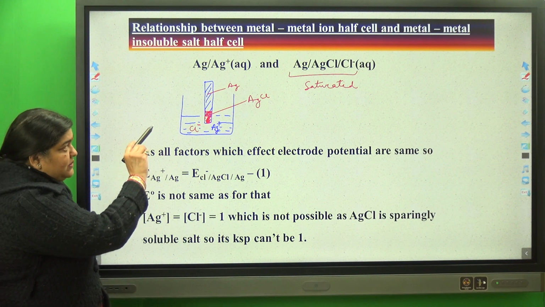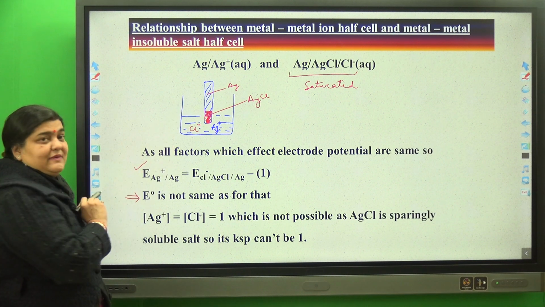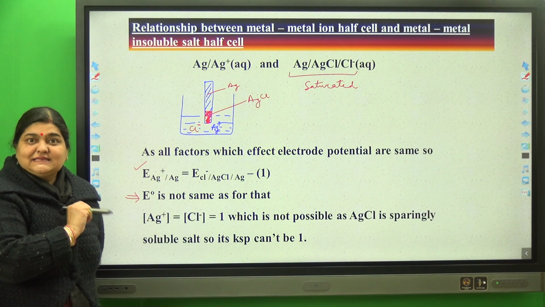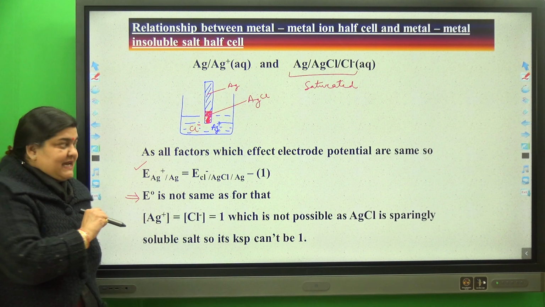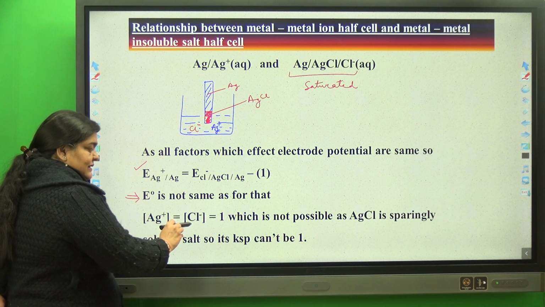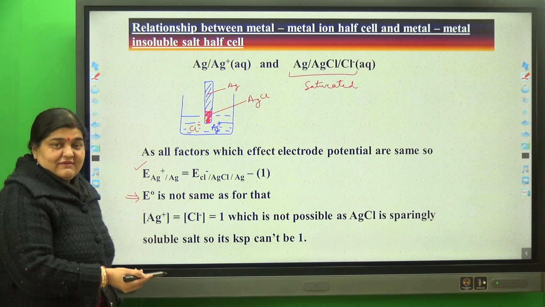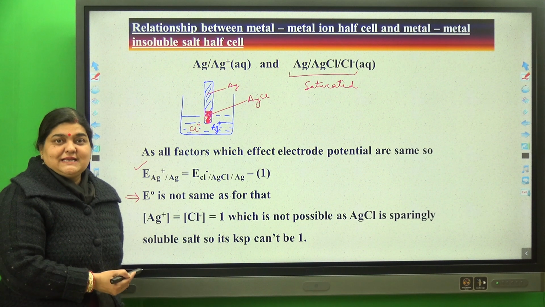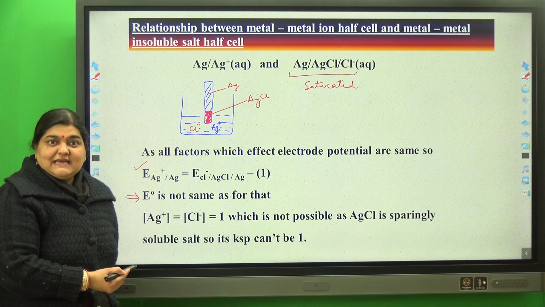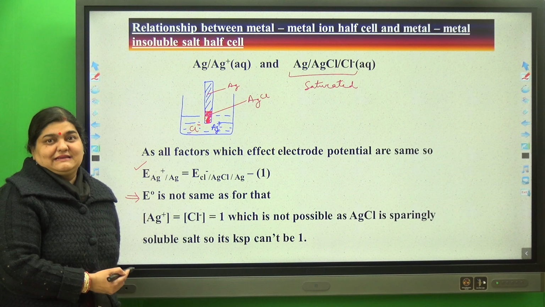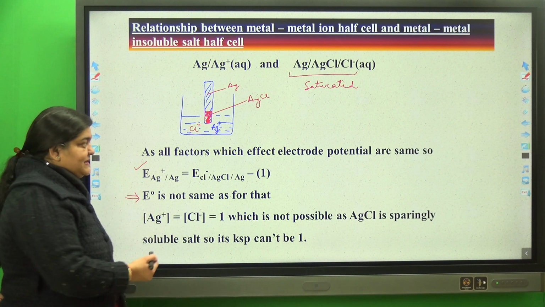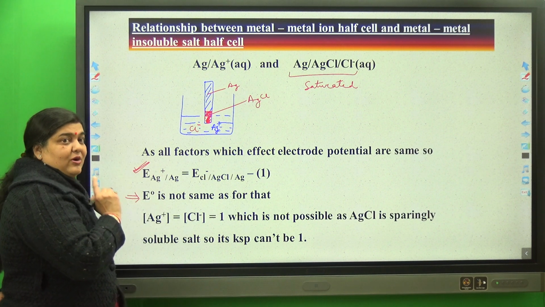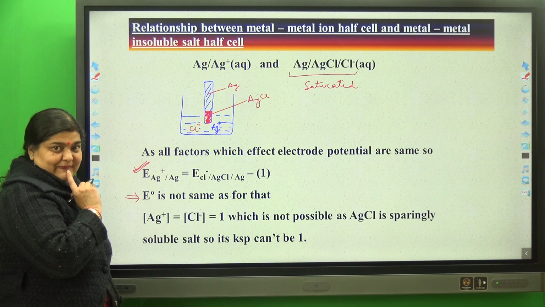As I have just told you, in that particular type of cell we have taken saturated solution. In saturated solution, if we take concentration of these ions as 1, their Ksp will be 1, which is not possible. Why is it not possible? Because AgCl is a sparingly soluble salt. Its Ksp is very much less than 1. So this means we can make their electrode potentials equal and not their standard electrode potential.